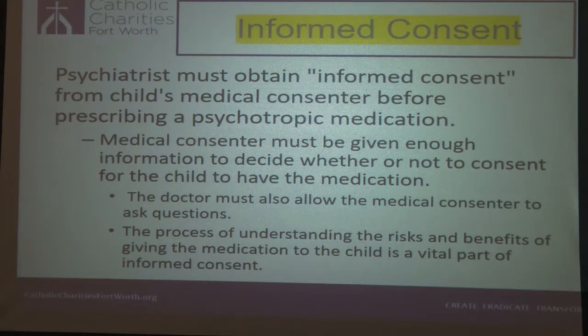The medical consenter must be given enough information to decide whether or not to consent for the child to have the medication. The doctor must also allow the medical consenter to ask questions. The process of understanding the risks and benefits of giving the medication to the child is a vital part of informed consent. You don't want to sign off that they need this if all of this has not been taken a look at.